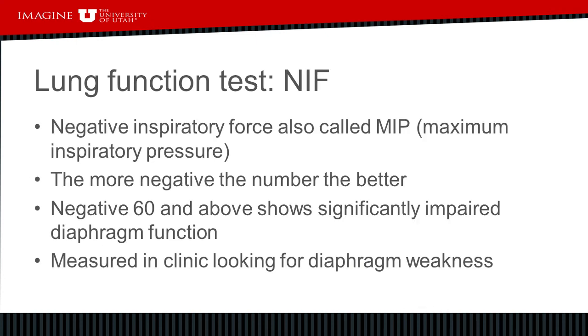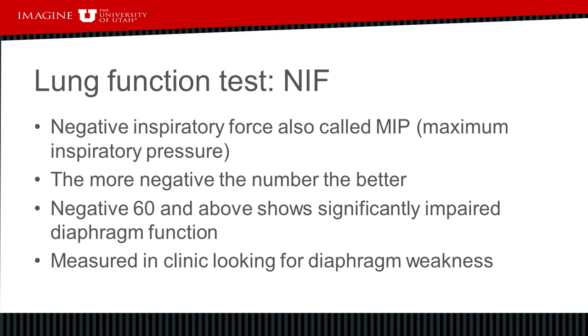And the other lung function test that we look at is the NIF, or negative inspiratory force. You can also hear it called the MIP, or maximum inspiratory pressure. And so in this case, you want a more negative number. And if it's minus 60 and above, that shows us significantly impaired diaphragm function.